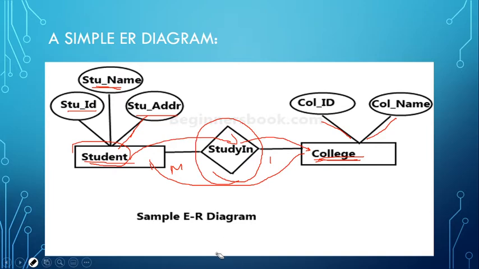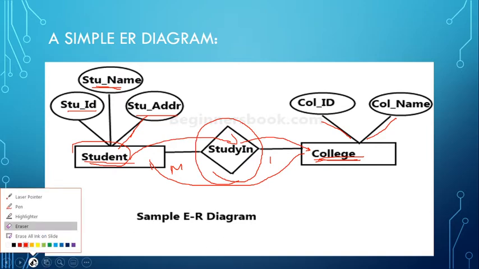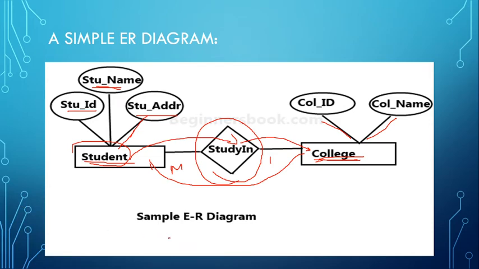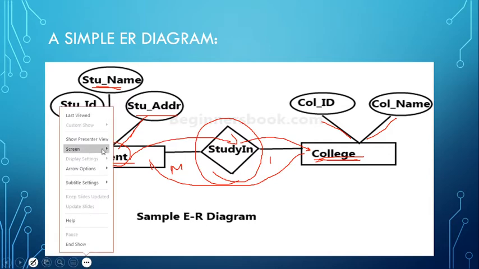As we have discussed earlier, with the help of an entity relationship diagram, it's easy to design a database. We have seen that every entity will become a table. So let's see how we can write a table for this.